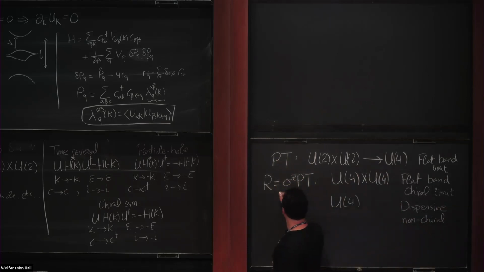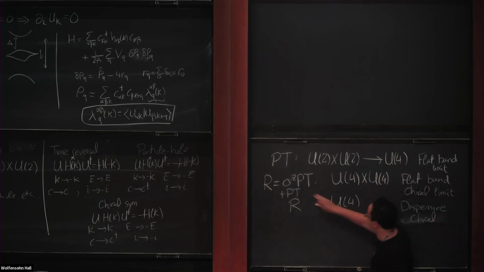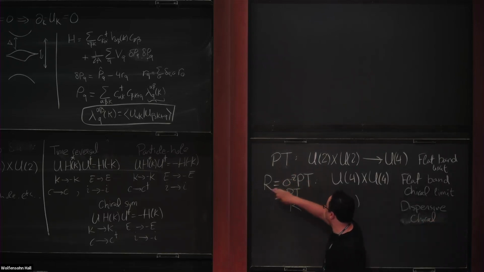So this is the extra R symmetry plus PT. Sorry. This is if I have a dispersion, but I'm still in the chiral limit. So I have this combination, which I call R, but I don't have the individual sigma z or PT. Then I get a single U4.